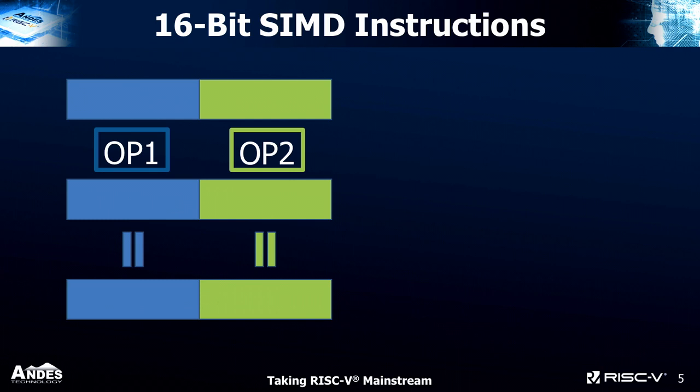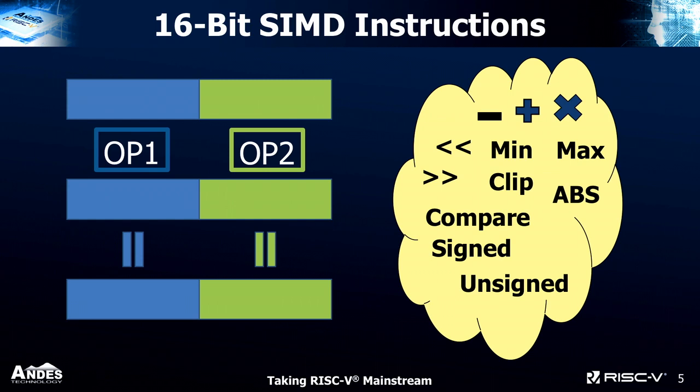For SIMD operations, with 16-bit elements, RV32 can do 2 parallel operations, and RV64 can do 4 parallel operations. And it supports various operations.